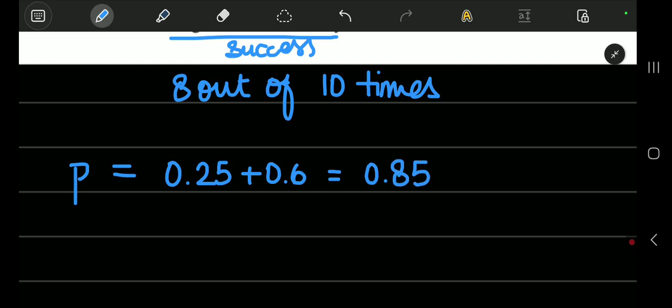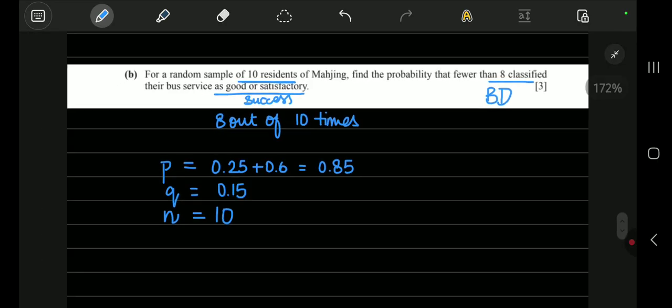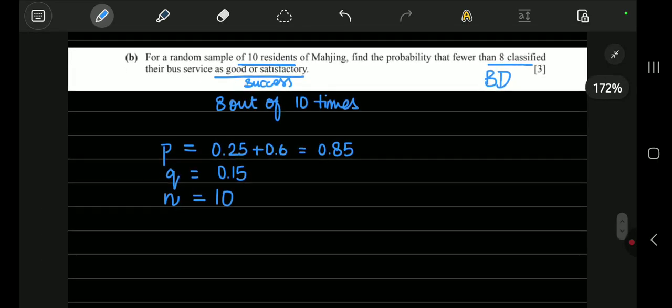So obviously your failure would be 0.15. Also n is 10. And what does this mean, the probability fewer than 8? That means we need to find the probability of x is less than 8.